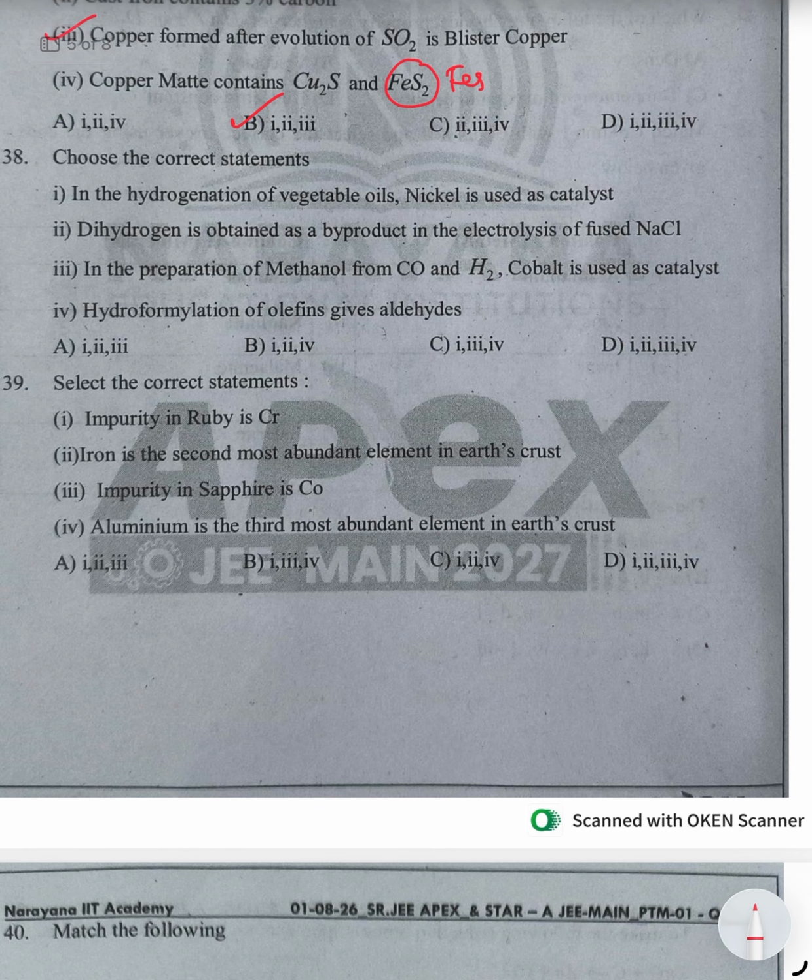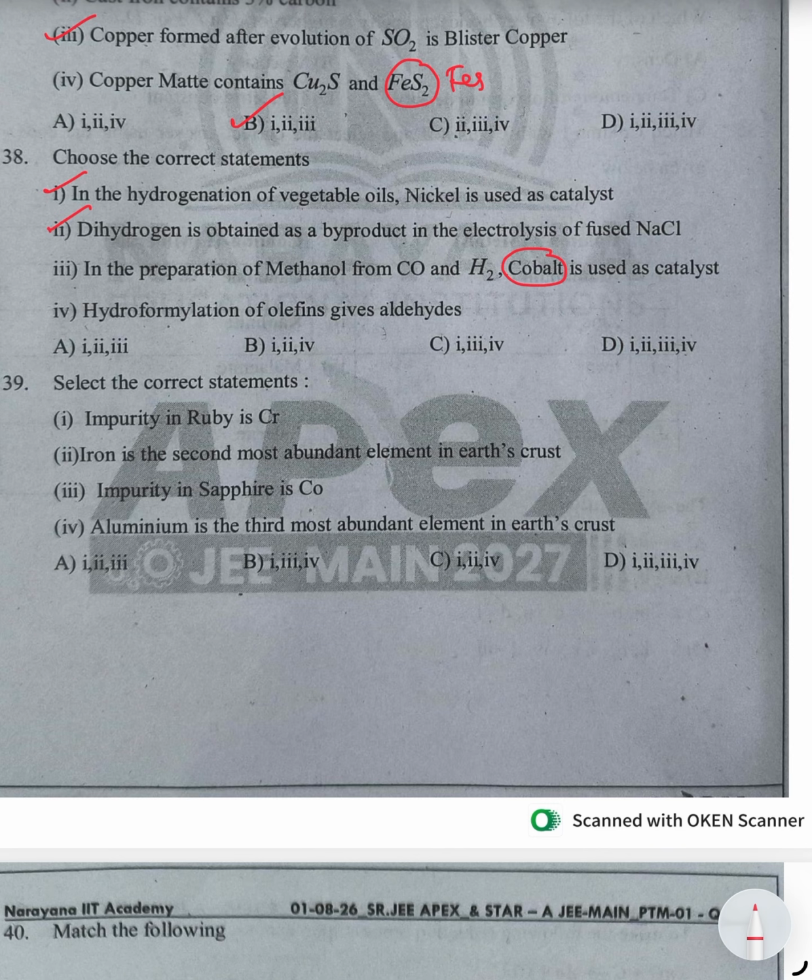Choose the correct statement. In the hydrogenation of vegetable oils, nickel is used as catalyst. Correct statement. Dihydrogen is obtained as a byproduct in the electrolysis of fused NaCl. Correct statement. Next one is in the preparation of methanol from carbon monoxide and hydrogen, cobalt is used as a catalyst, not cobalt.